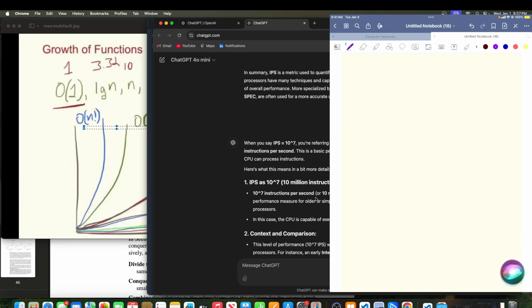The meaning is that in 1 second we can do 10 power 7.